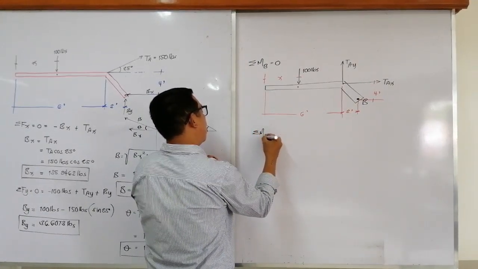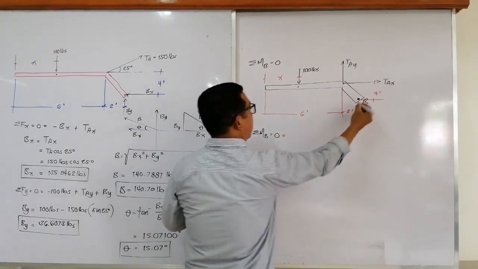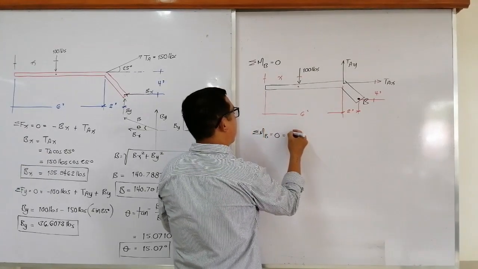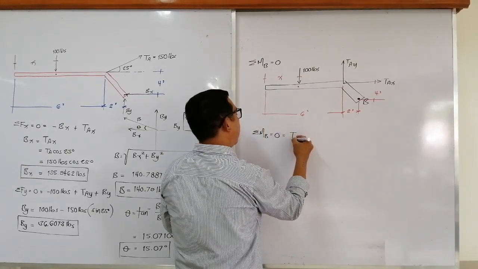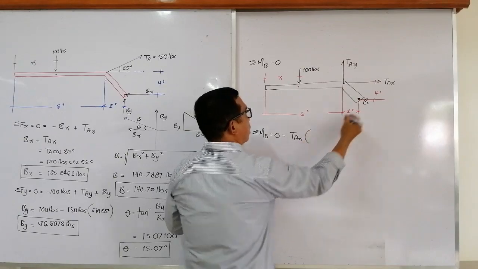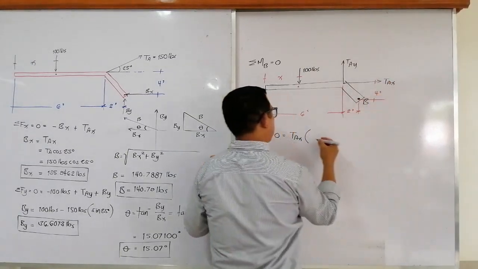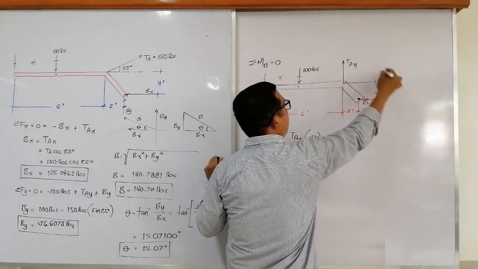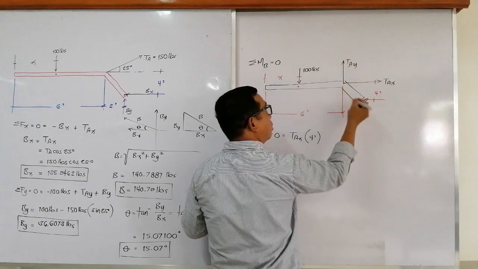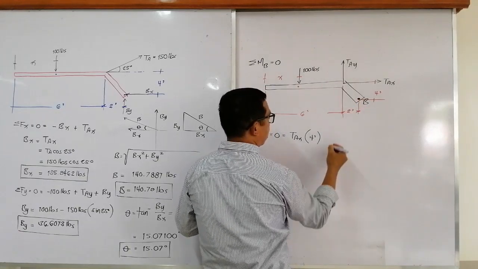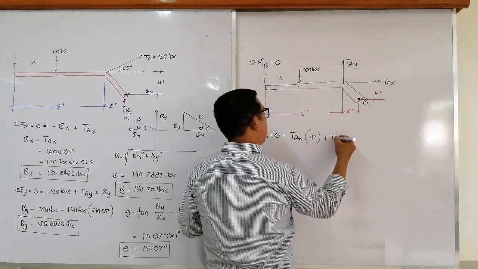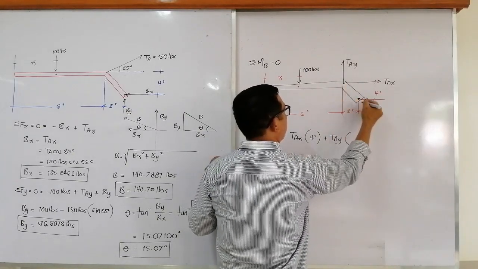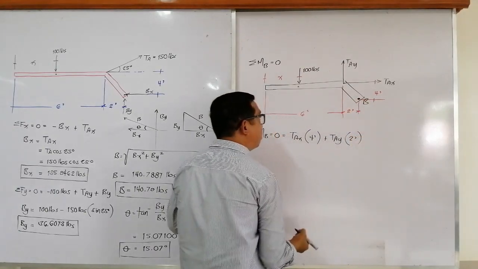Summation of moments at B is equal to 0. This being our pivot, TAX generates a clockwise rotation. Assigning that as positive, we have your TAX times the perpendicular distance, 4 feet. Also, TAY generates a clockwise rotation because it is located to the left and upward, so positive TAY, times how far it is horizontally, 2 feet.